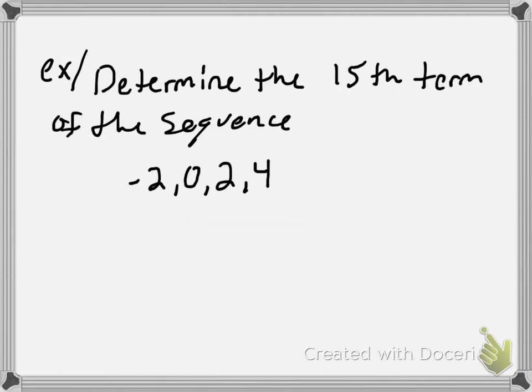Alright, so this one is determine the 15th term of the sequence. Again, we have to figure out what we are doing each time. This one I went from -2 to 0, 0 to 2, 2 to 4, so I'm adding 2 every single time. We're looking for the 15th term of this arithmetic sequence.